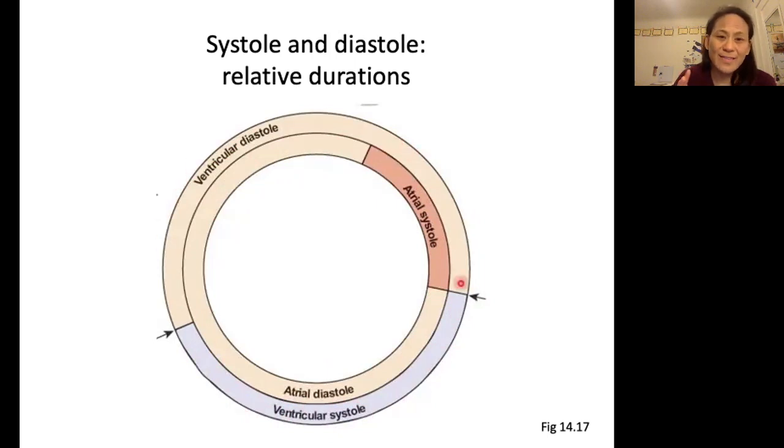And if we look at what's happening overall, the atria are going to contract while the ventricles are relaxed. The ventricles are going to contract, and that's going to be a longer contraction than in the atria. Ventricles are going to contract while the atria are relaxed. And then we have a phase where both the atria and the ventricles are relaxed.